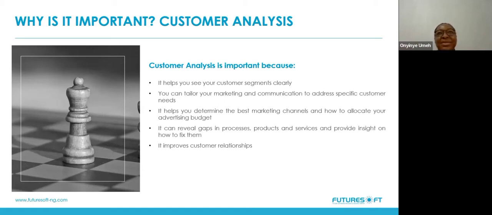So as a business, you need to see your customers as a segment, not just as a group of people. You need to tailor their wants and needs to a specific age range, to a specific generation, to a specific interest. And this is what customer analysis would help you do.